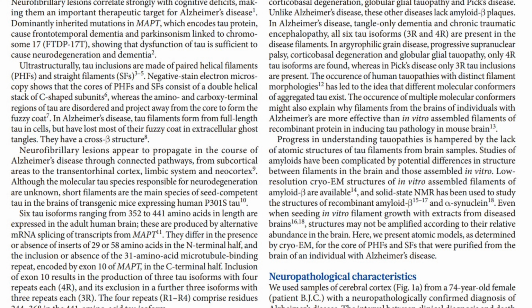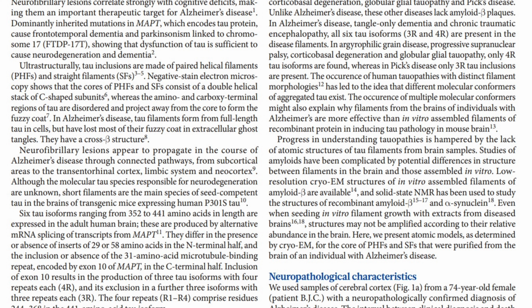Neurodegenerative diseases with abundant filamentous tau inclusions are referred to as tauopathies. Besides Alzheimer's disease, these diseases include tangle-only dementia, chronic traumatic encephalopathy, argyrophilic grain disease, progressive supranuclear palsy, corticobasal degeneration, globular glial tauopathy, and Pick's disease.